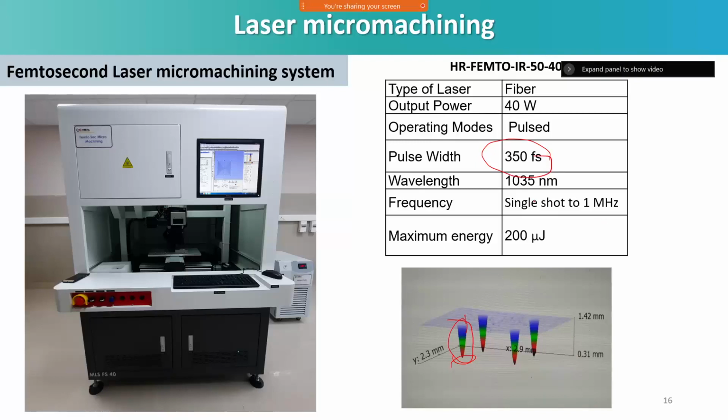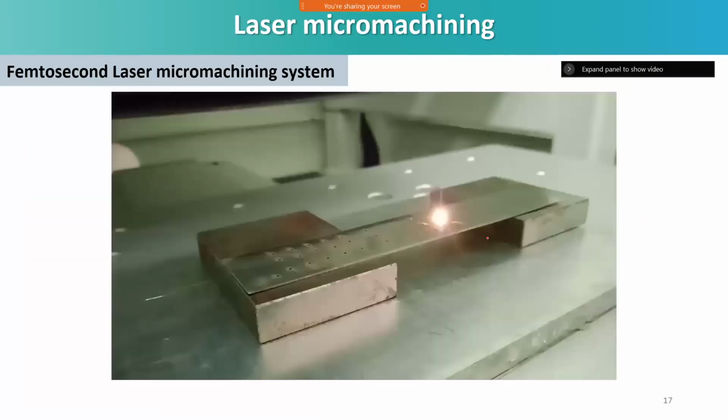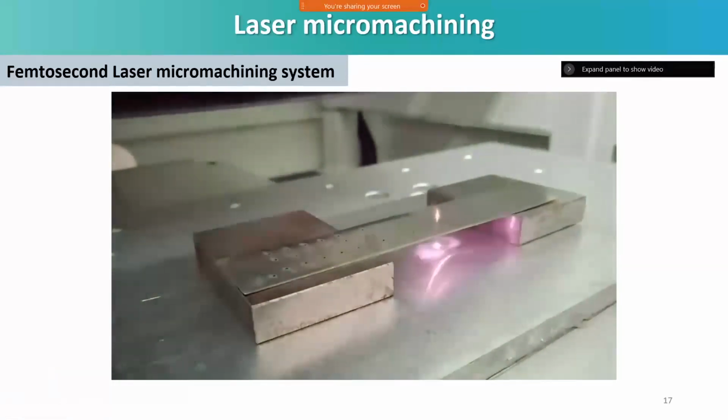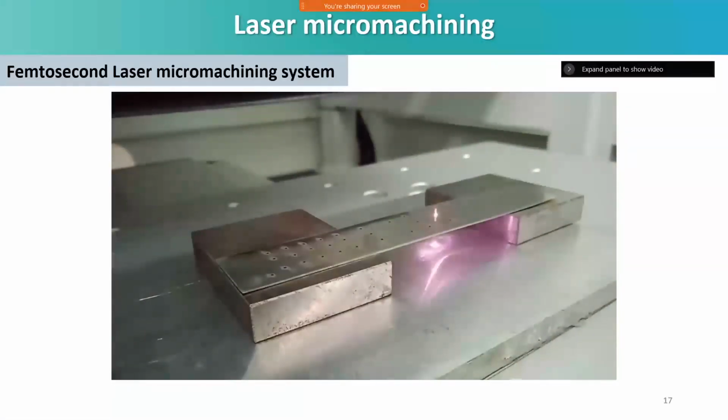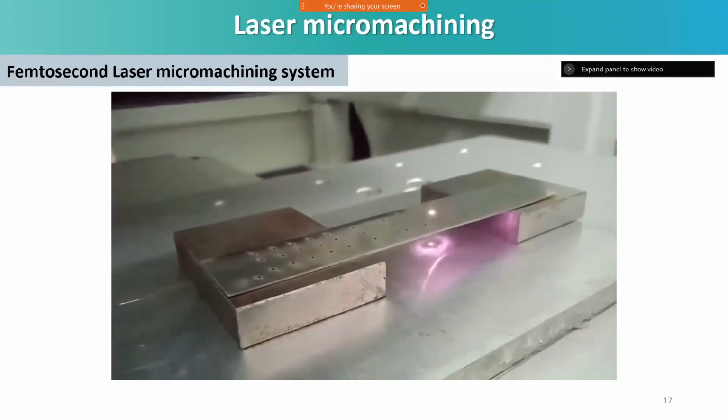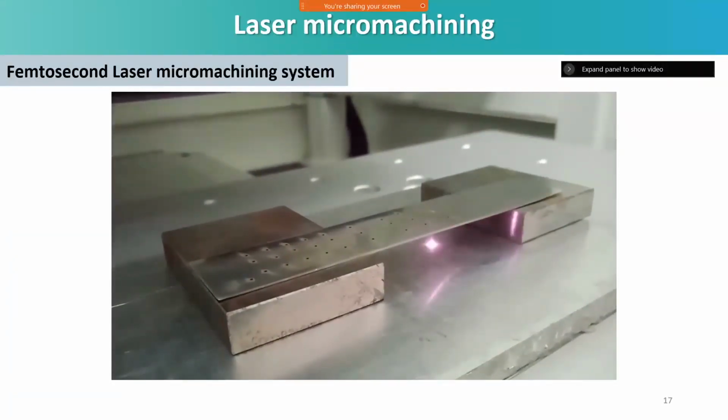You can vary the frequency to several levels, from a single shot to 1 megahertz. One such operation you can see here. So multiple intensities at different depths make it possible to create a conical hole.